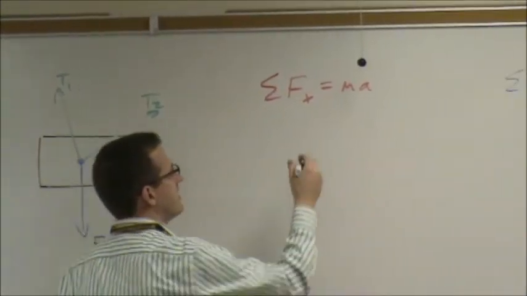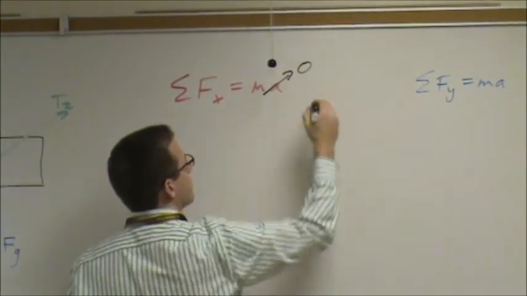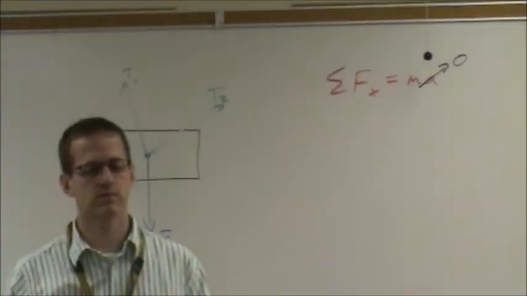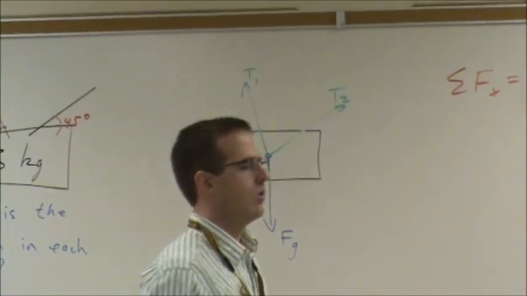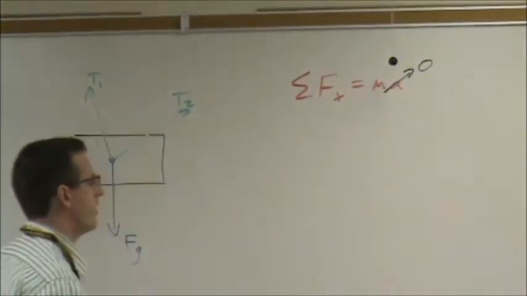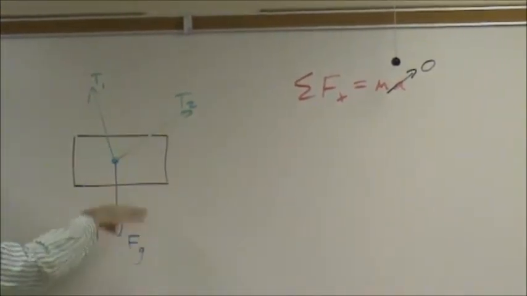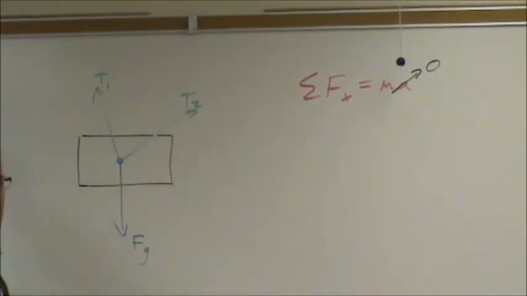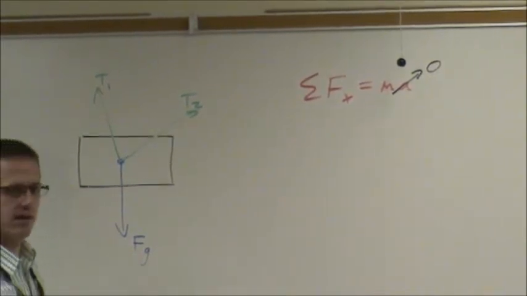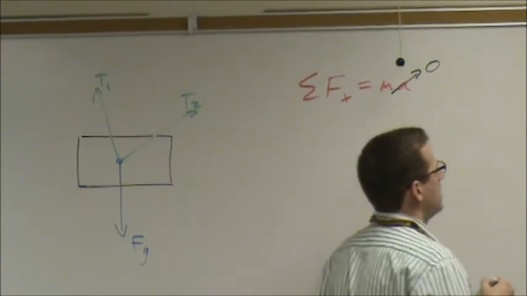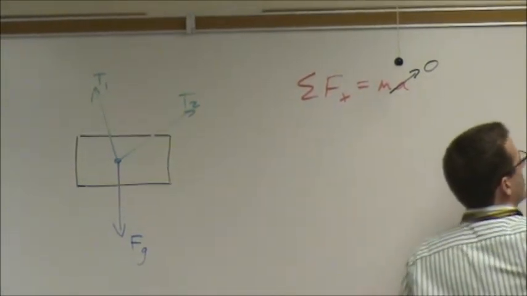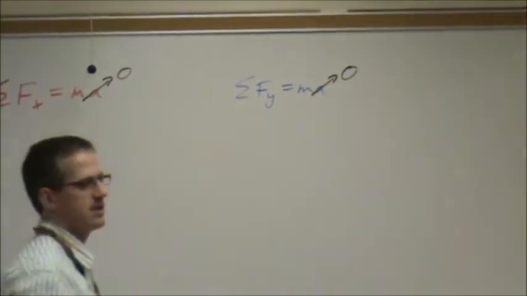So because it's a speeder, the acceleration is 0. What about in the y direction? Vertically speaking, is it a speeder or an accelerator? Speeder. How do you know that? Yeah, it's not moving at all. So its acceleration is 0. It is a speeder.